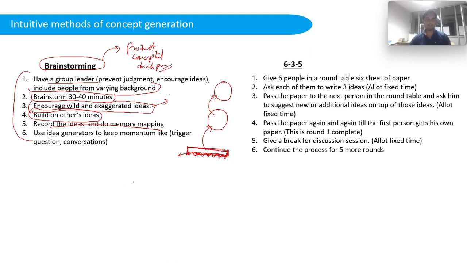You always record all the ideas, and then at the end you do mind mapping. So what is mind mapping? For example, in this particular example, the problem is slip. Slip is the problem. Now, one solution can be a sandal, so people can give the idea of a sandal.